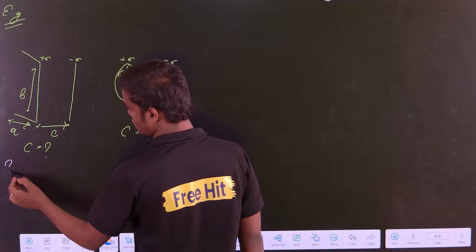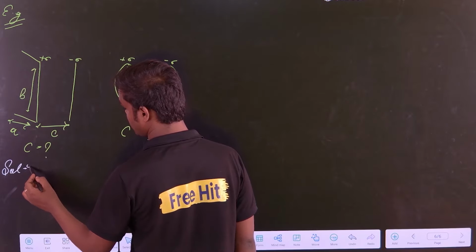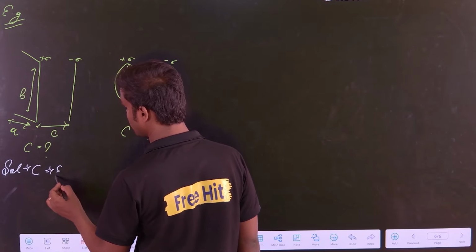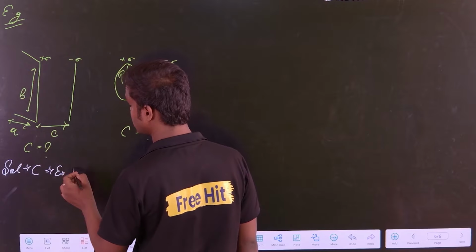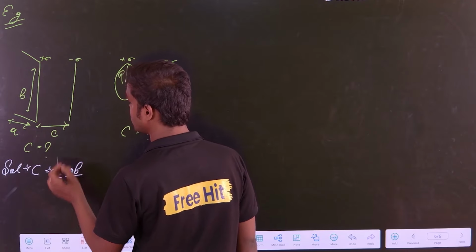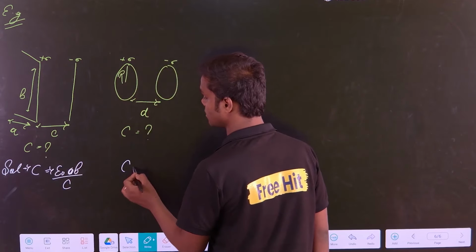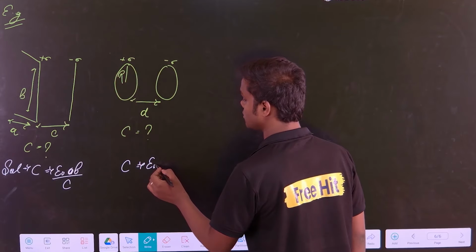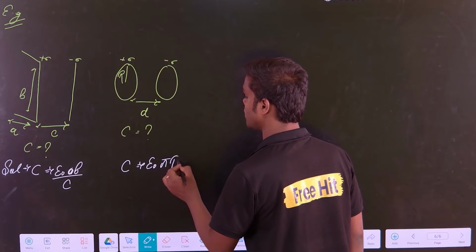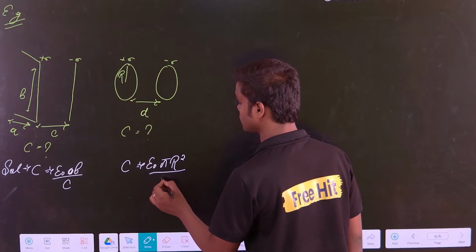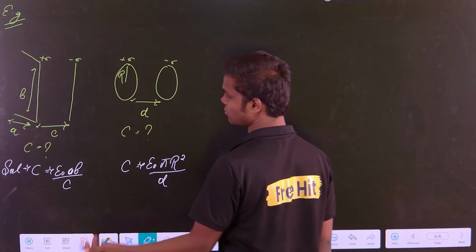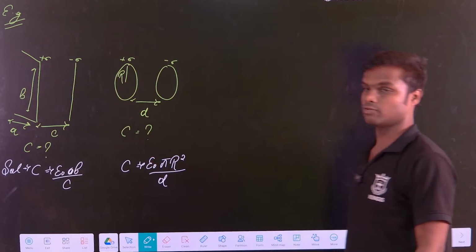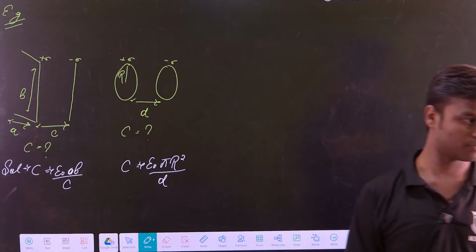Simple, C is equal to epsilon naught A B divided by the distance c. Similarly here, epsilon naught into area, that is pi r square, divided by the distance d. That is how we can write the capacitance for this. I hope it is clear. Note it down.